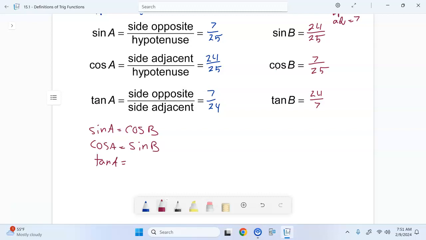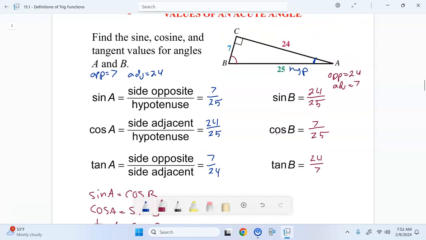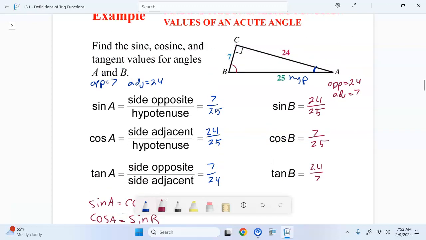What function is the reciprocal of tangent? Cotangent. And since tangent of A is the reciprocal of tangent of B, that means that tangent of A is equal to the cotangent of B. Okay? And this plays into some of our co-function identities that we're going to be looking at later.